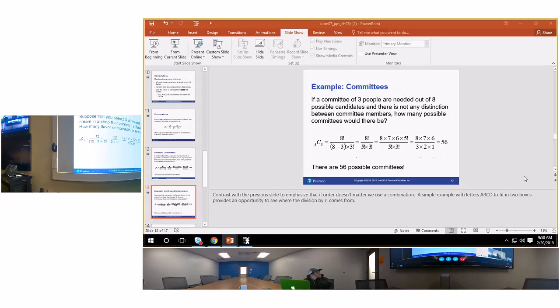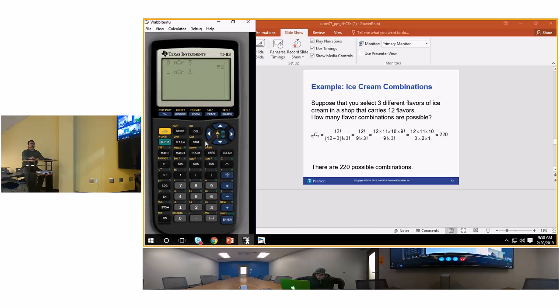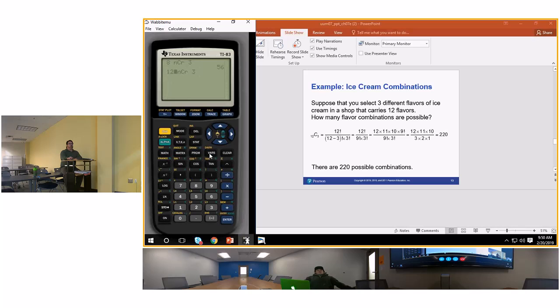All right, so let's take our handy dandy calculator, and I'm going to type in, look here we go again, second entry, second delete, that's insert. I've got to hit it right here, second insert, and I'm going to type in 12 and delete, and then I'm going to type in 3 and enter. 220.